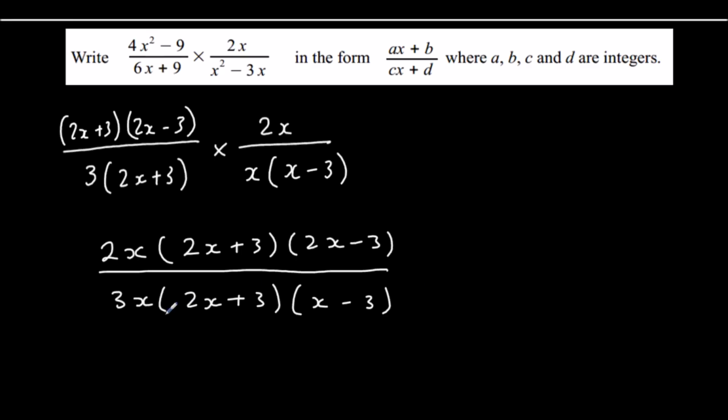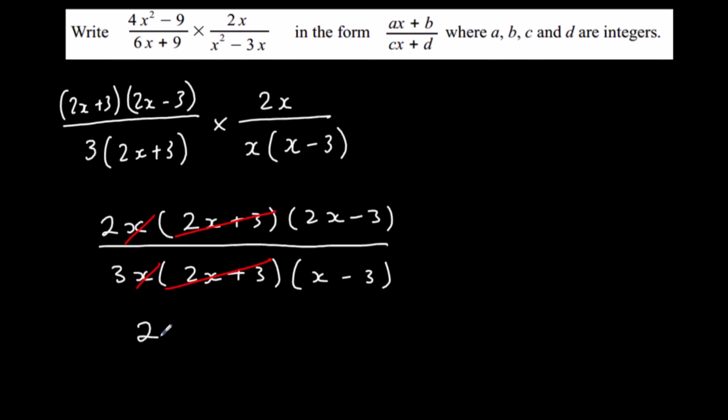So what's common? They've both got a 2x plus 3. They've both got an x. So what have we got left? We've got 2 times (2x minus 3) on the top, 3 times (x minus 3) on the bottom.